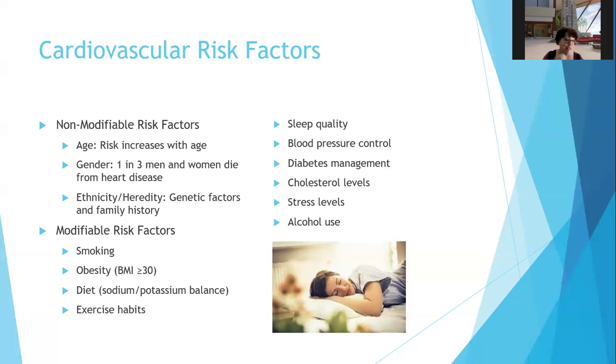Isn't that lovely? So if your blood is stagnant, it's prone to forming clots, thrombi. Lack of physical activity is associated with increased body mass index, hypertension, obesity, which are all associated with increased cardiovascular risk. So exercise, love it, gotta love it.